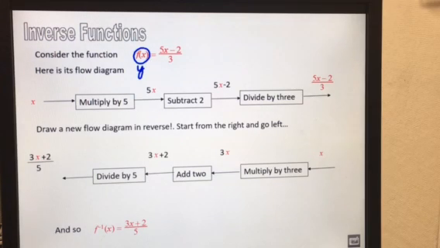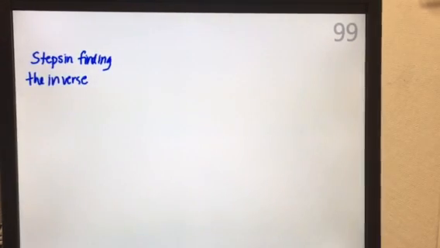That would be my first step. Change f of x to y.